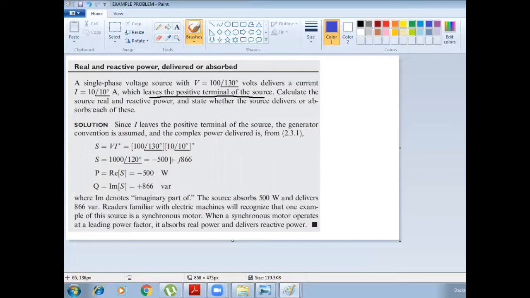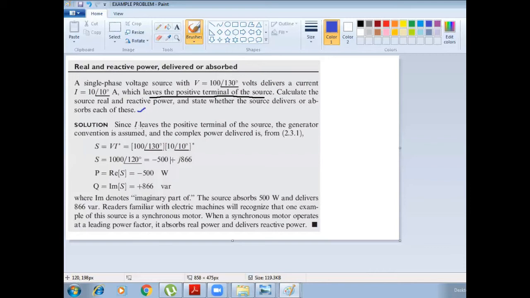Calculate the source real and reactive power and state whether the source delivers or absorbs each of these. So you have to find the real and reactive power of the source, and mention whether it delivers or absorbs power.